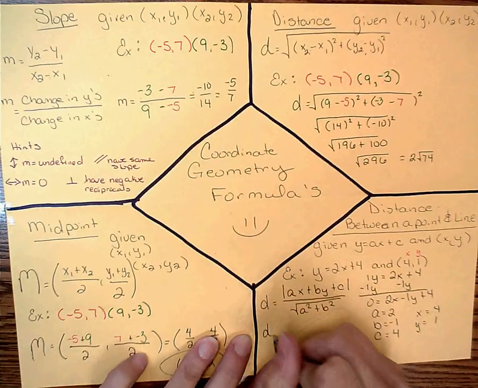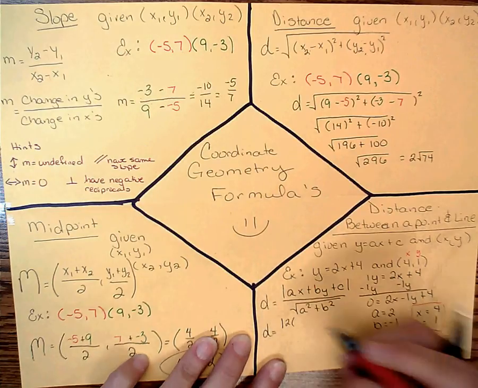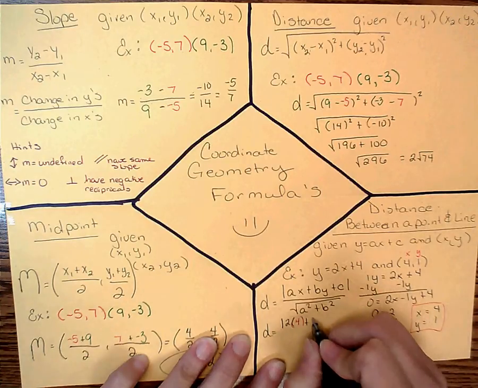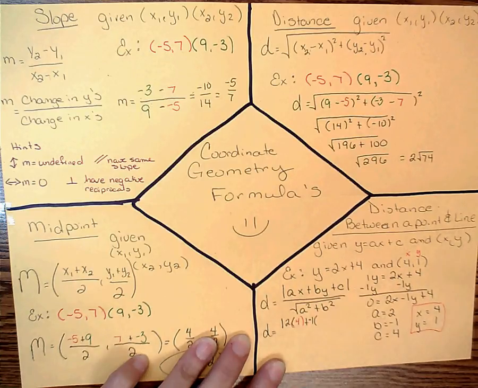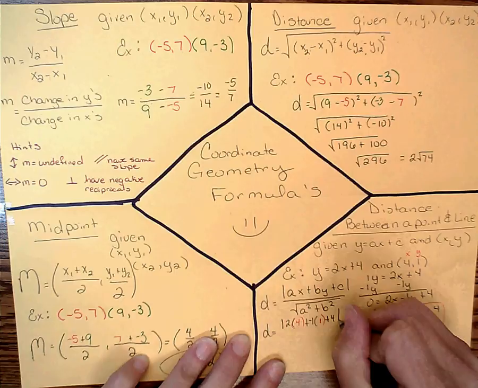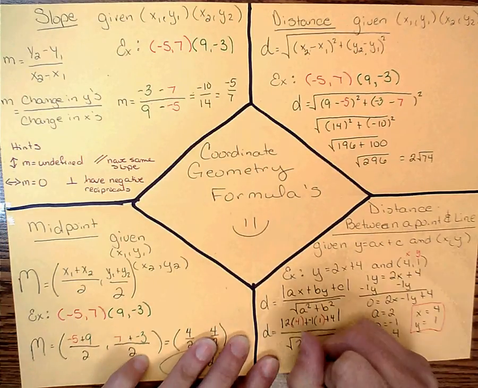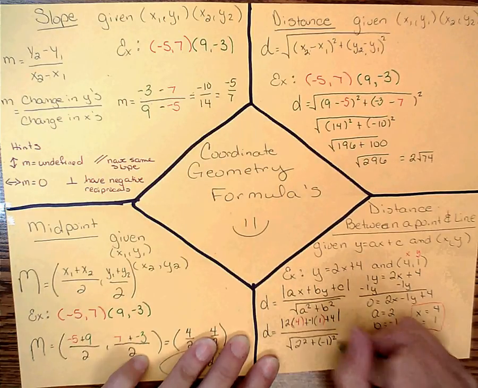So d equals absolute value of 2 times, and I'm going to go ahead and box these in, plug in the 4, plus b, which is 1, or excuse me, negative 1, times the y value, which is 1, and then plus c, which is 4, that's absolute value, all over radical 2 squared plus negative 1 squared.